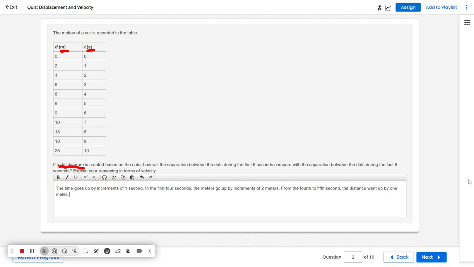And also, I do want to point out, if the number is less than 14, spell it out, by 1 meter. Then, from the 5th to 6th second, the distance stayed the same.